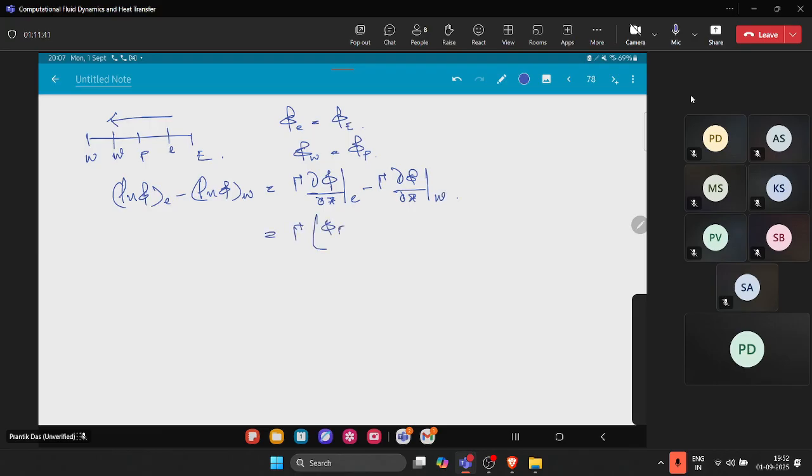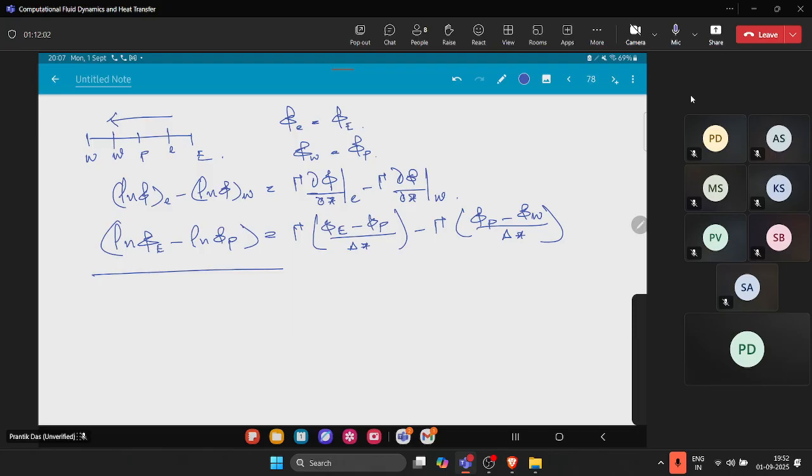So phi E minus phi P divided by delta x is minus gamma of phi P minus phi W divided by delta x. So this one is rho u phi capital E, and this is rho u phi capital P. Then you simplify it and use it in the way you like.